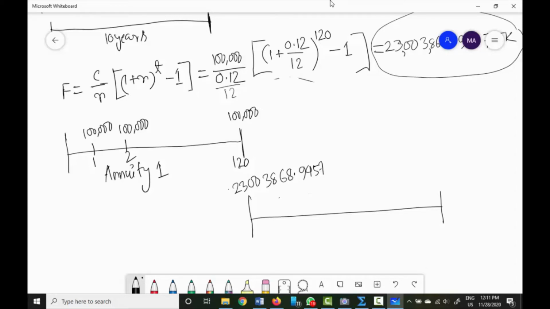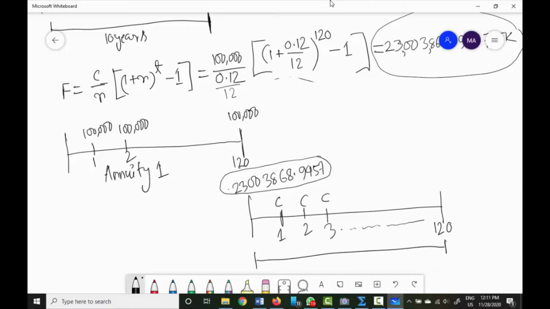So from there, a second annuity will start. If you have this much money in the bank account after 10 years, the bank will give you C amount of cash flow at the end of every month for the following 10 years.